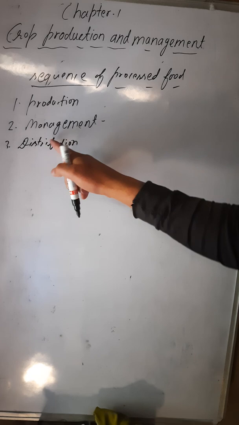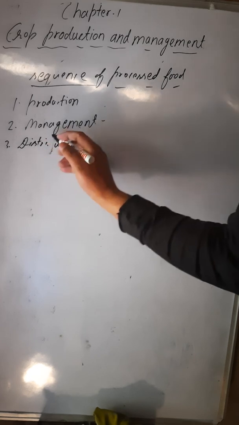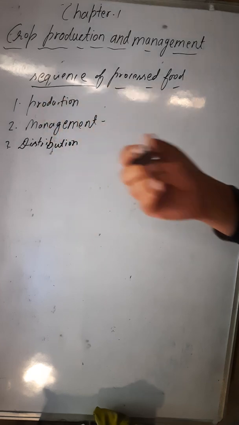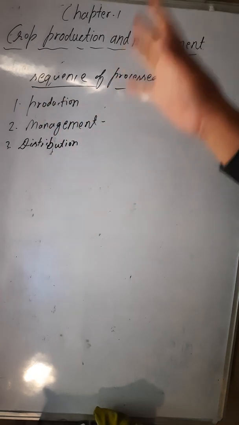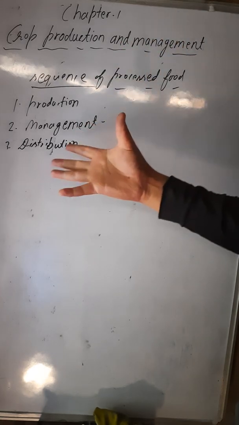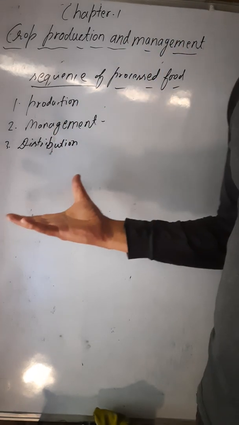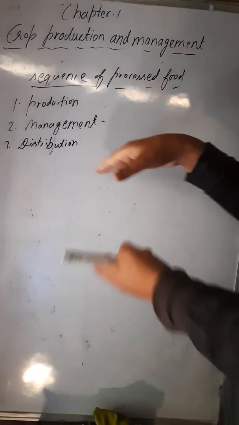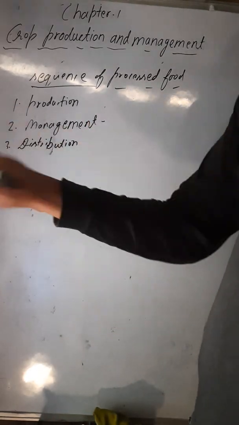So these are the three things involved in the sequence of the processed food: production, management, and distribution. Then ultimately we get the processed food from the shop, etc.